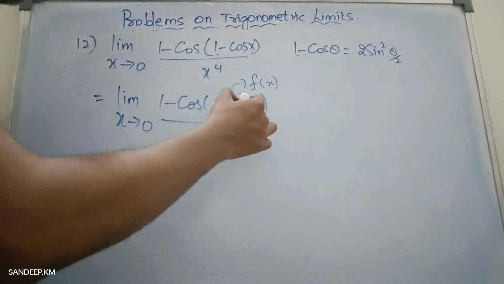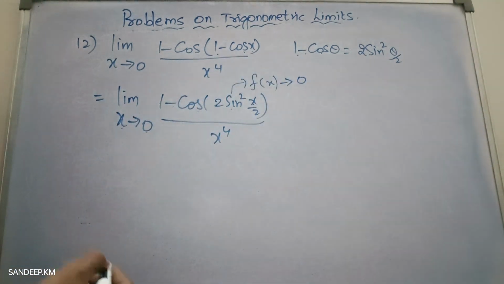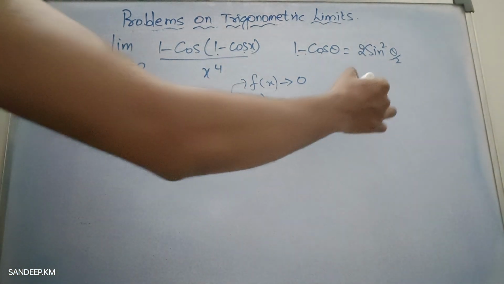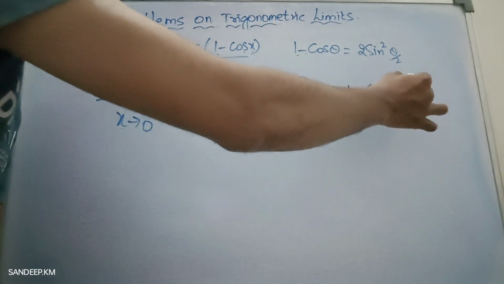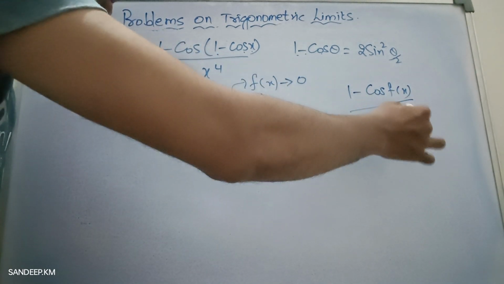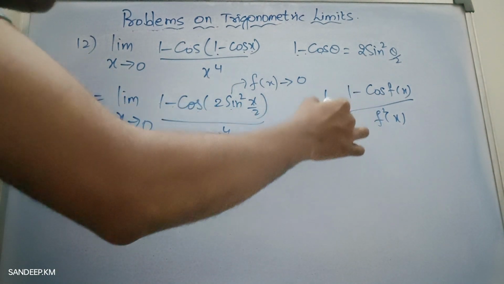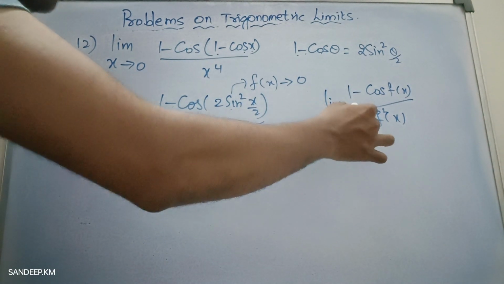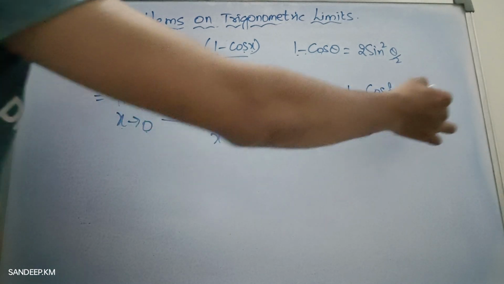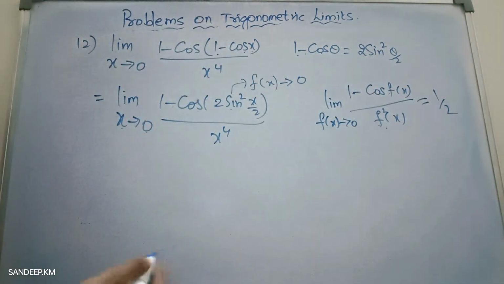That means this f of x approaches 0. So it's better if it is 1 minus cos f of x, to have f of x whole square in the denominator. Why? Because limit f of x approaches 0, 1 minus cos f of x by f of x whole square is also 1 by 2.